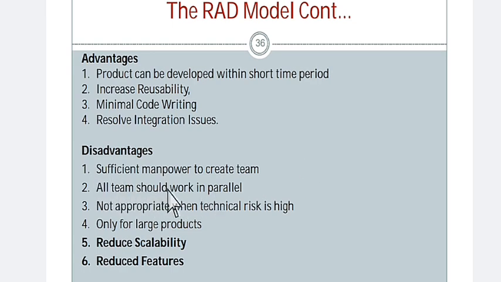All teams should work in parallel. All teams must work simultaneously, because if any one of the teams is lagging in the development process, then all the remaining teams have to wait until that team's work is finished. So that is also a disadvantage of the RAD model.